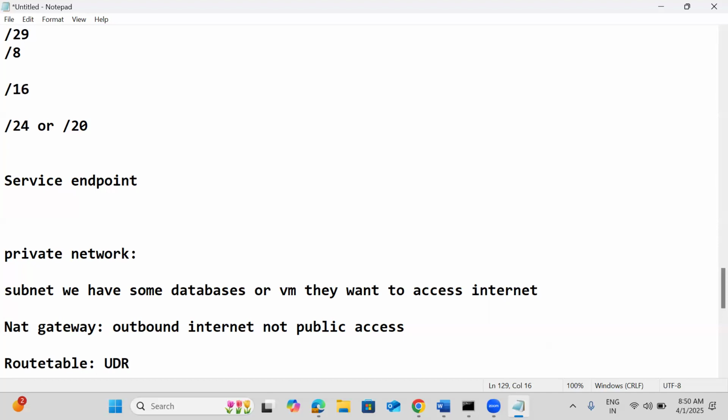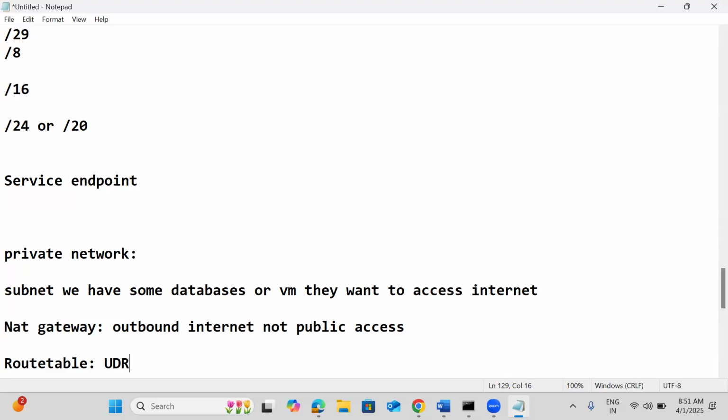If I create a subnet, internally we get a router connection also, and we can define our own routing rules in the route table, to control how the traffic is routed inside the VNet or between the VNets.